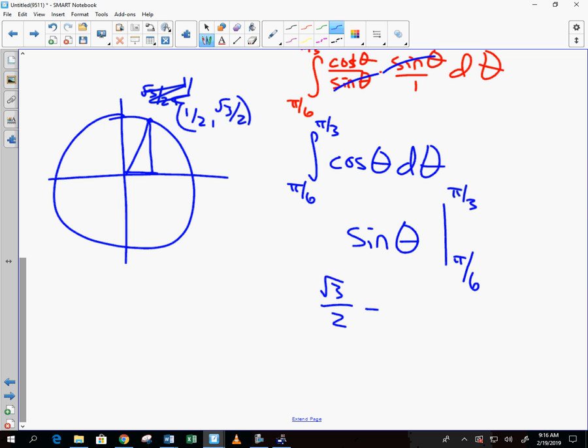Now we have to do pi over 6. Pi over 6 is how many degrees? 30 degrees. Very good. Root of 3 over 2, 1/2.